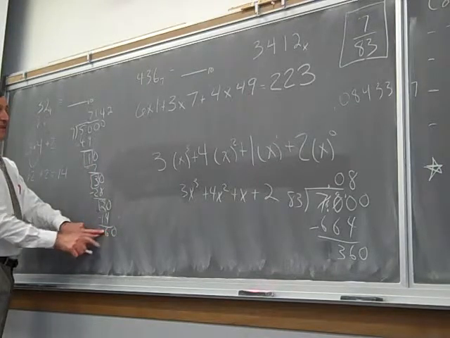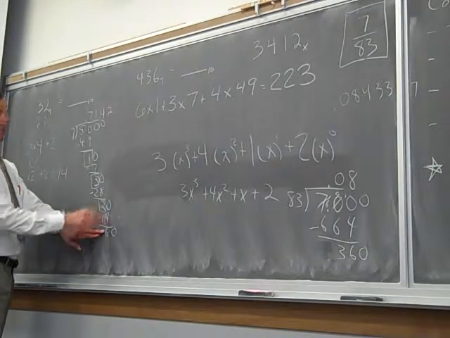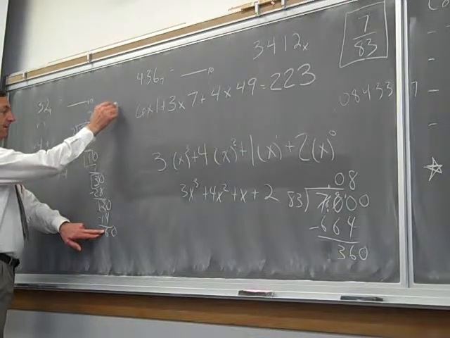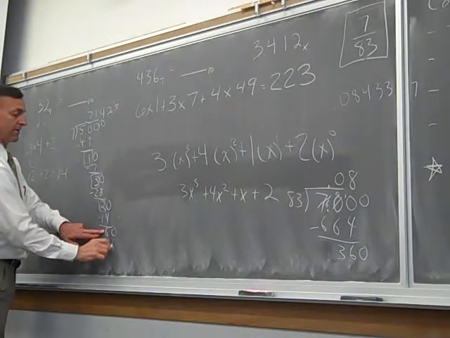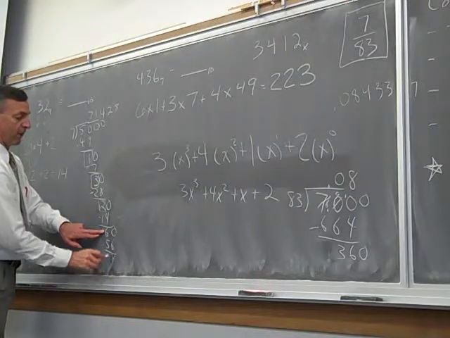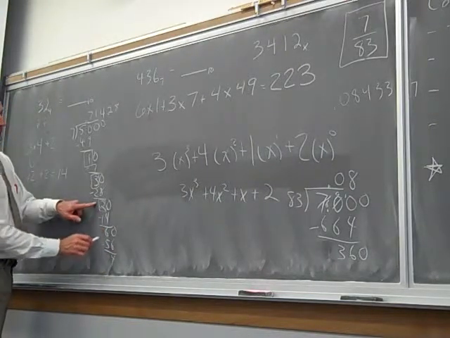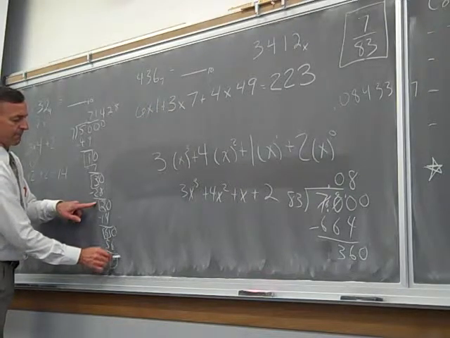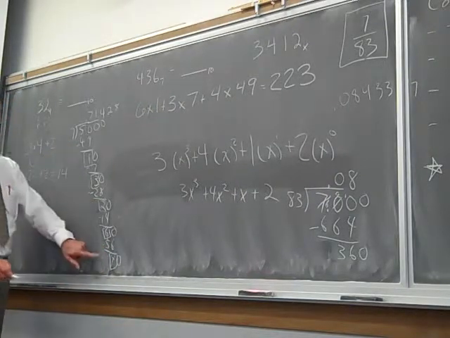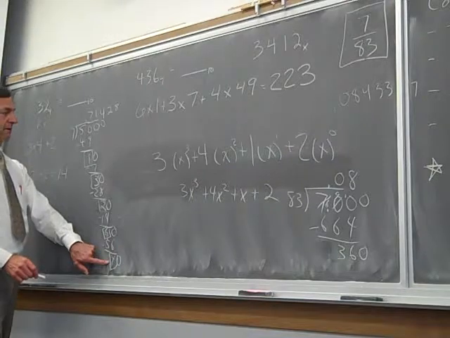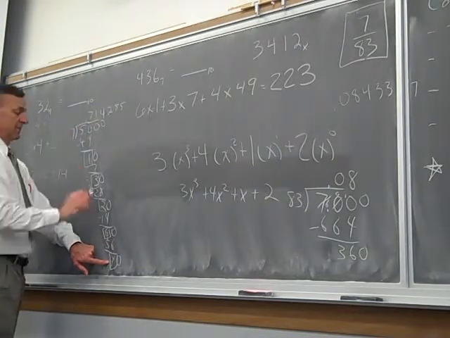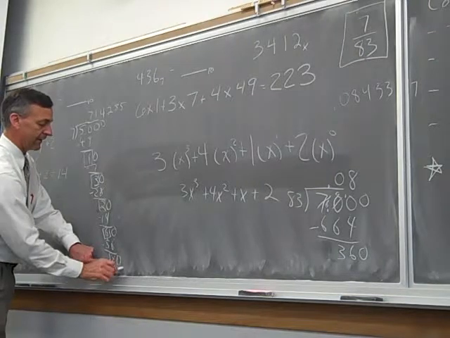7 goes into 60. How many? 8 times with a remainder of 4. So I've got a remainder of 2, a remainder of 6, a remainder of 4. Bring my 0 down, 7 goes into 40. How many? 5 times 35.